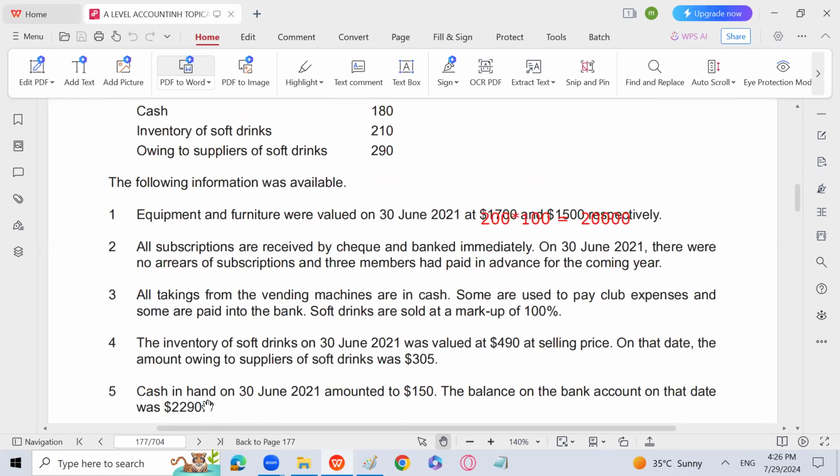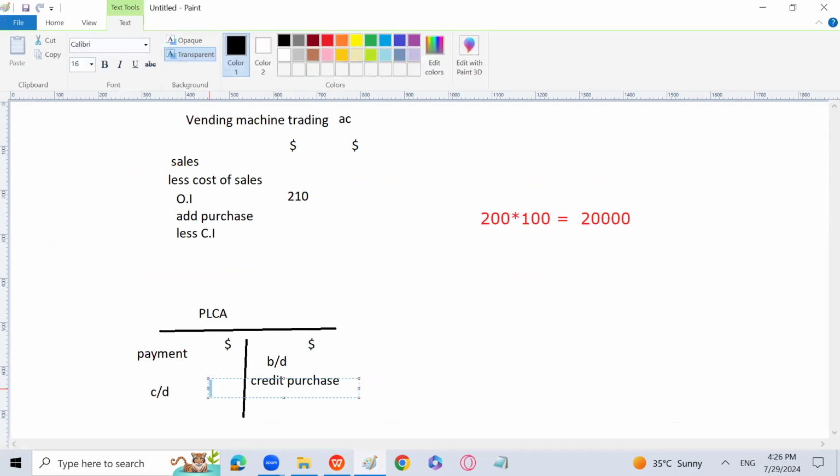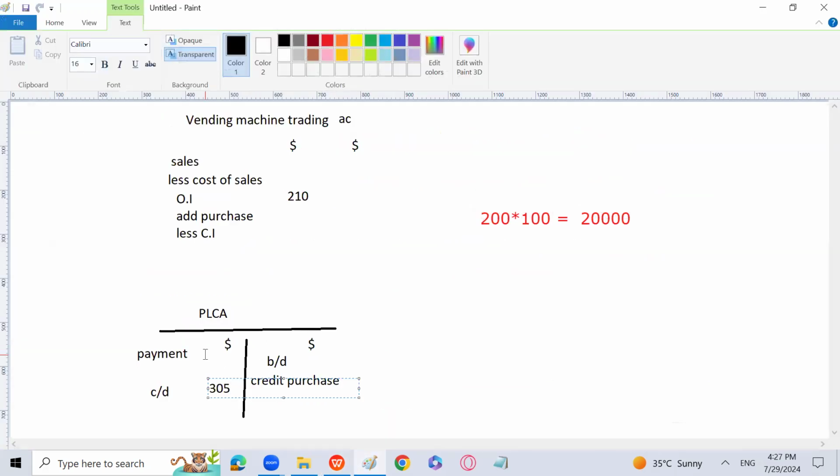So the opening trade payables are 290 and closing is 305. So right over here, 305. And payment to trade payable is also given in the question. Payment to supplier of soft drink 12,600. I will write over here trade payable debit because of bank 12,600.